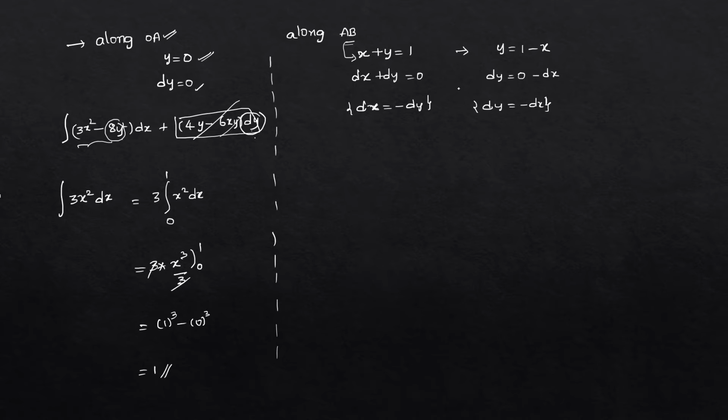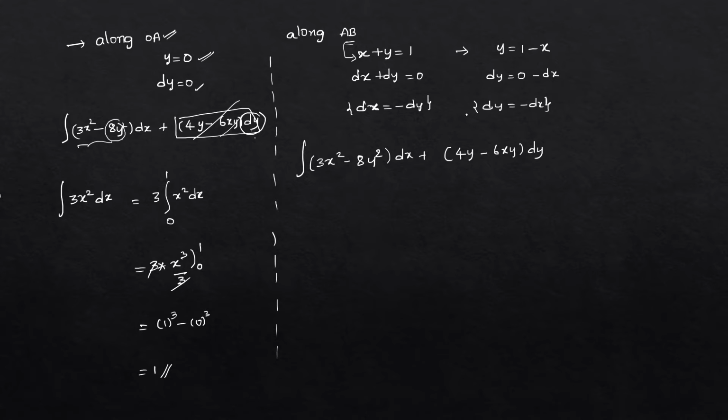So what I am telling, I will show here. Now write the question. The question is the integral of 3x square minus 8y square dx plus 4y minus 6xy dy.